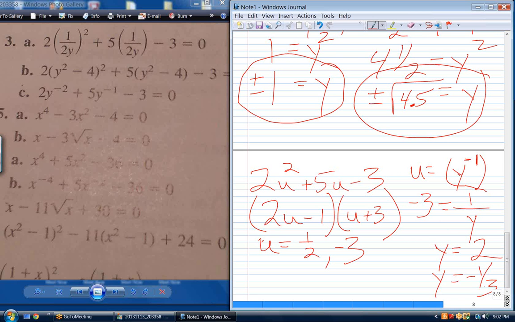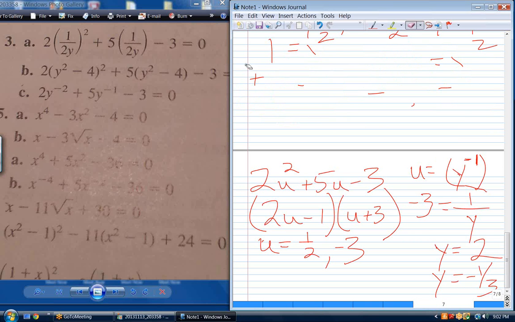Now, is this the one where this didn't work? Let's just test this for the heck of it. I don't think this was the one, but I want to test it anyway. I can do it real quick.